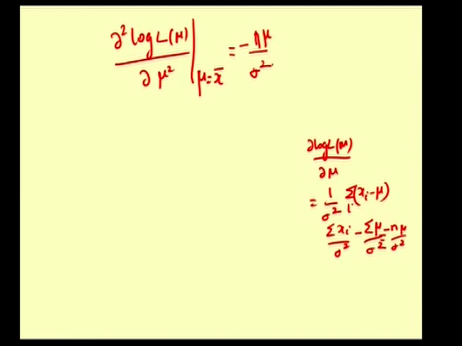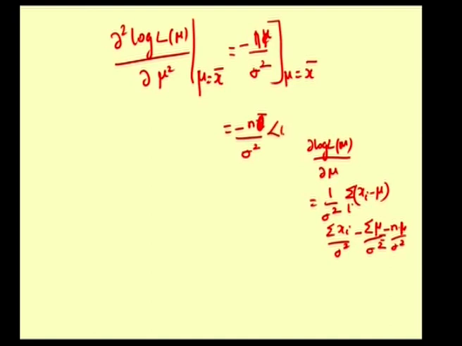Actually, when you are differentiating with respect to mu, this becomes a constant, so there is no need to substitute mu is equal to x bar. You will have n by sigma squared with a minus sign.